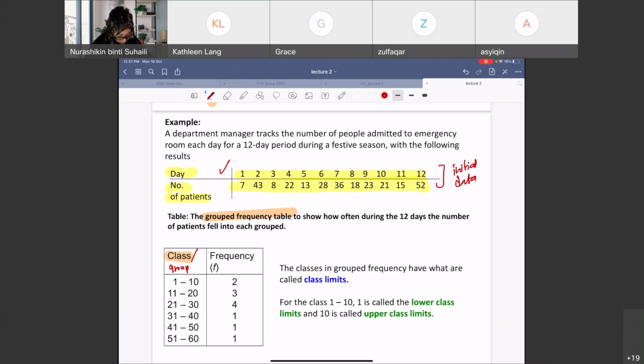Okay. Row 1 to 10. What is 1 to 10? 11 to 20. One to 10. Frequency. Frequency group.